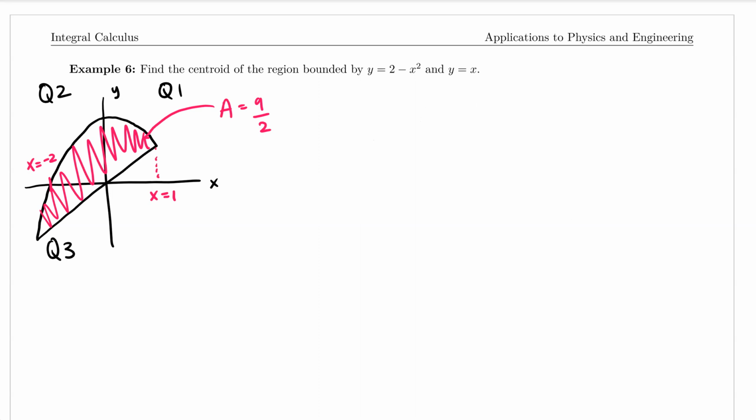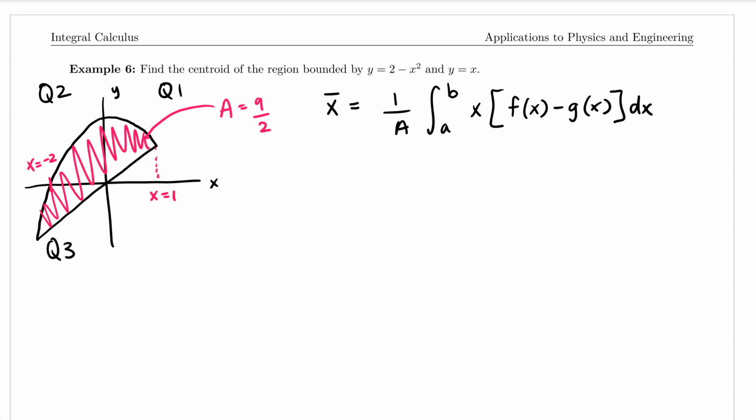Alright, so now that we found the area of our region, let's go ahead and solve for x bar, which is the x-coordinate of our centroid. And remember, the formula is 1 over capital A times the integral from a to b of x times, now, because we're dealing with the area of a region between two curves, we are multiplying this by f of x minus g of x dx.